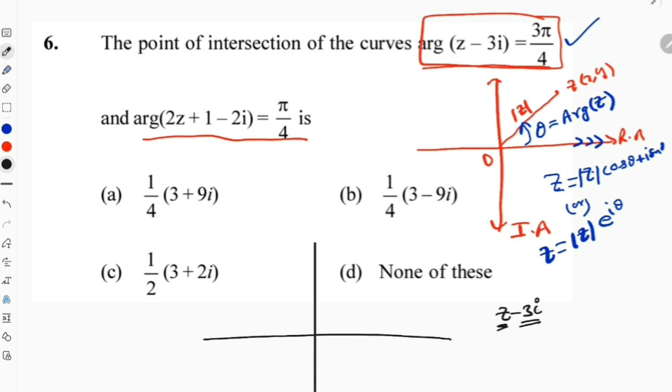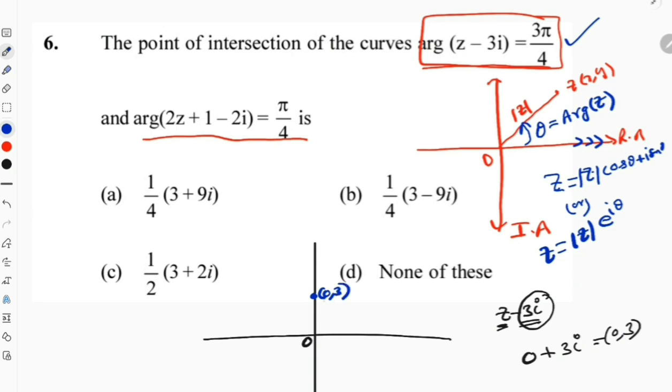So where is that point 3i? It means 0 plus 3i, so the point is (0, 3), which lies on the positive y axis.